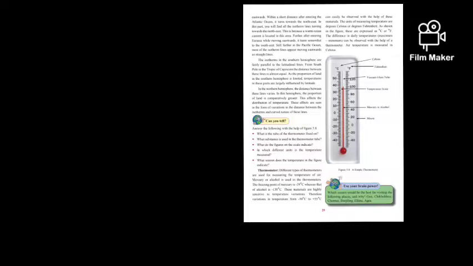Yeah, then center in red you could see this is the mercury or alcohol, and there is the mount, means the board on which the thermometer is placed. Okay, so I hope you understood a simple thermometer also thoroughly. So this thermometer is used to measure the temperature of air.